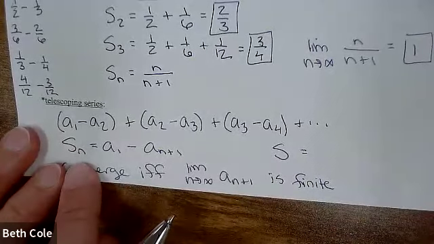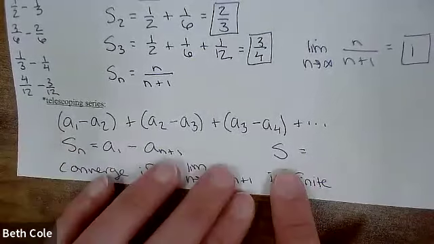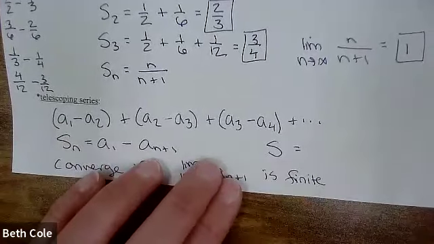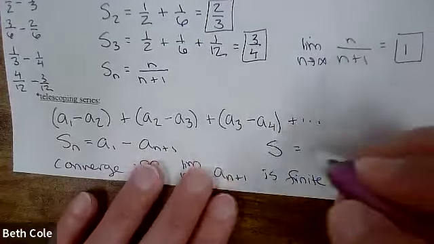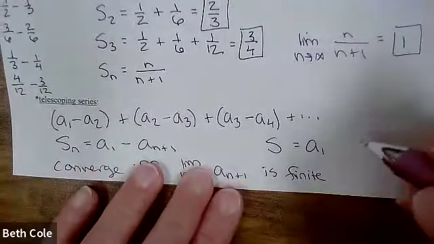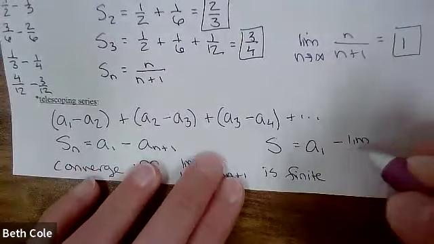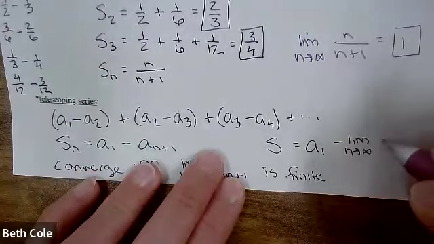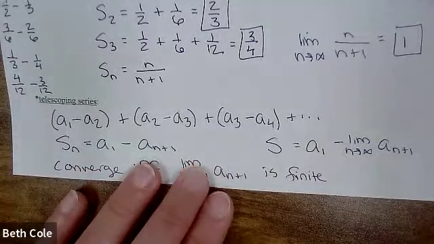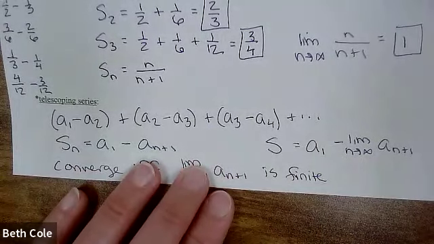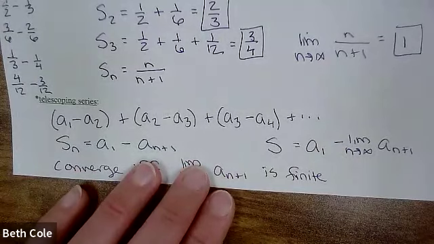If you have s sub 20, you did the first 20 terms. If it's just s by itself, that's forever, that's infinite. I guess you could put an infinity there. Typically, we don't see that. It's that first term minus your limit to infinity of that leftover one, whatever that finite amount is, as long as it's finite. That's a telescoping series, which you don't see super often, but I covered it.